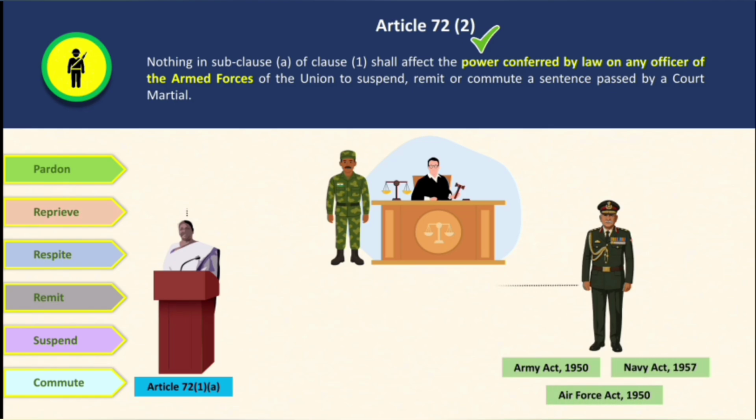So both the President and armed forces officers can have roles in court-martial sentences independently.